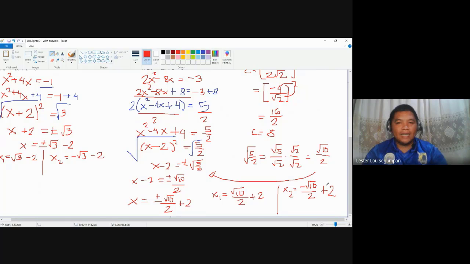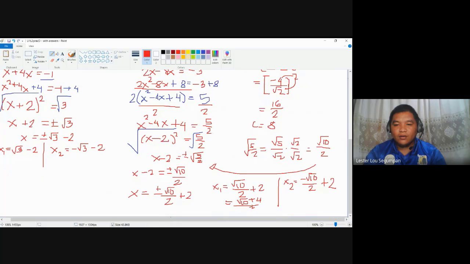If you would like to combine it into just one expression, you may. Take note that 2 is actually 4 halves. This is actually square root of 10 plus 4 all over 2. This is your first root. Second root is negative square root of 10 plus 4 all over 2.